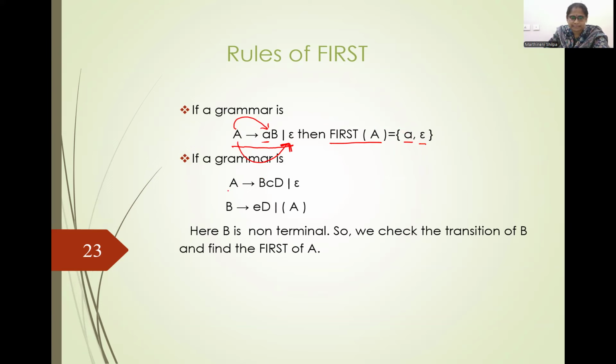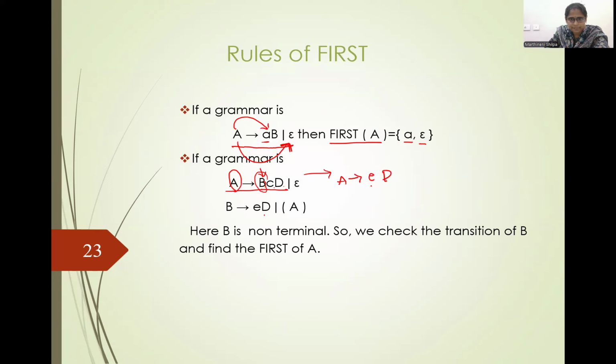And if the grammar is in this form, A is deriving BCD. As B is a non-terminal, that should be replaced by another production. That means B is a non-terminal and further it is going to be derived, right? So to compute first of A, we should find first of B. B should be replaced by its production rule. So here we are going to get A deriving EDCD.